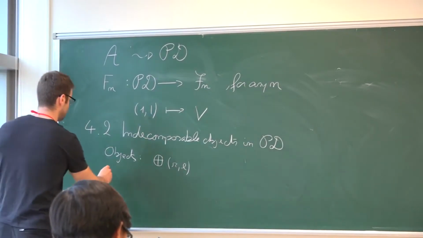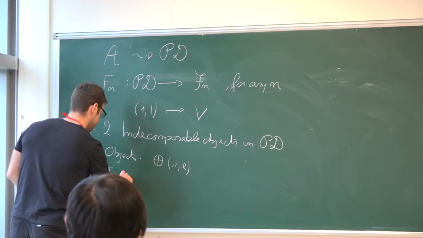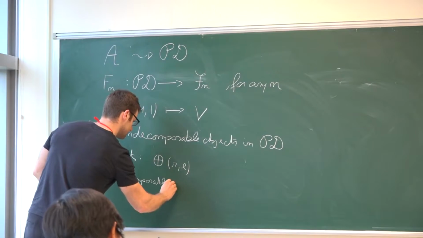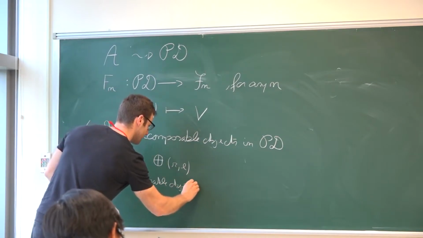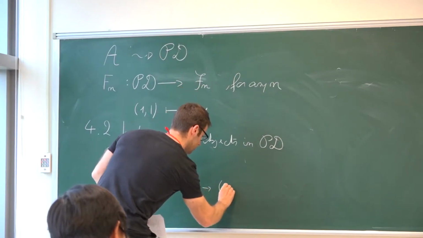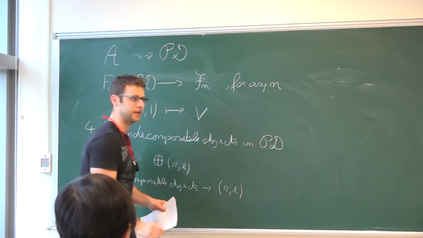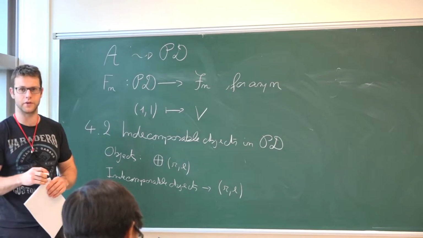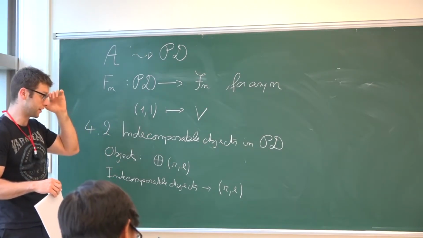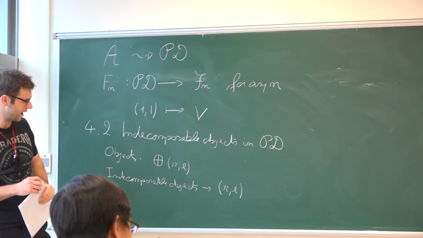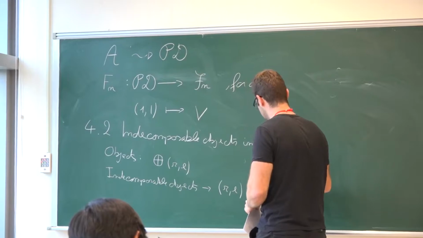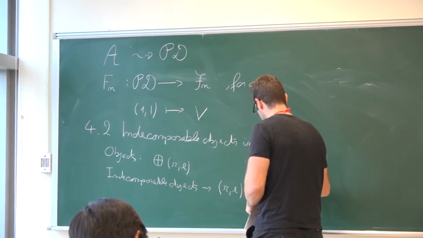So if we want to look at indecomposable objects, we can restrict to simply objects like this, some integer r and some idempotent in the corresponding paraplectic Brouwer algebra, and even just restrict to the case where this idempotent E is a primitive idempotent.